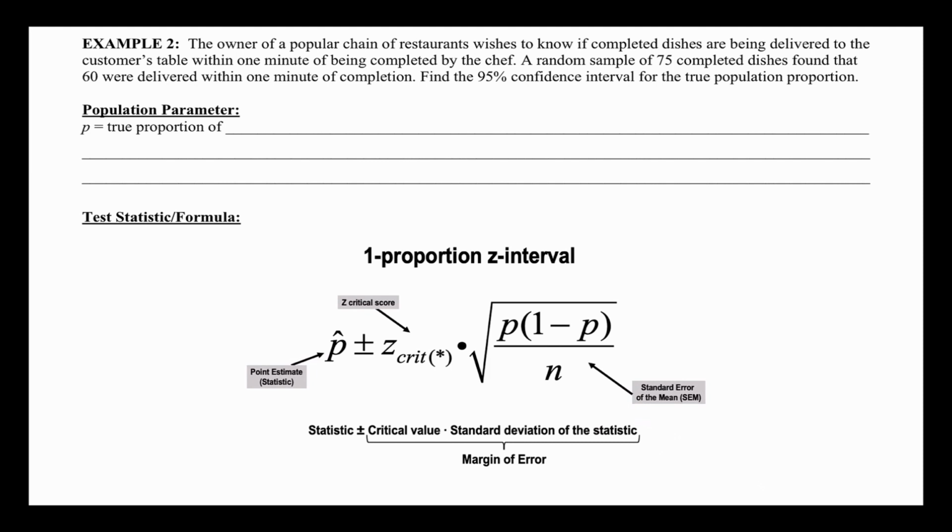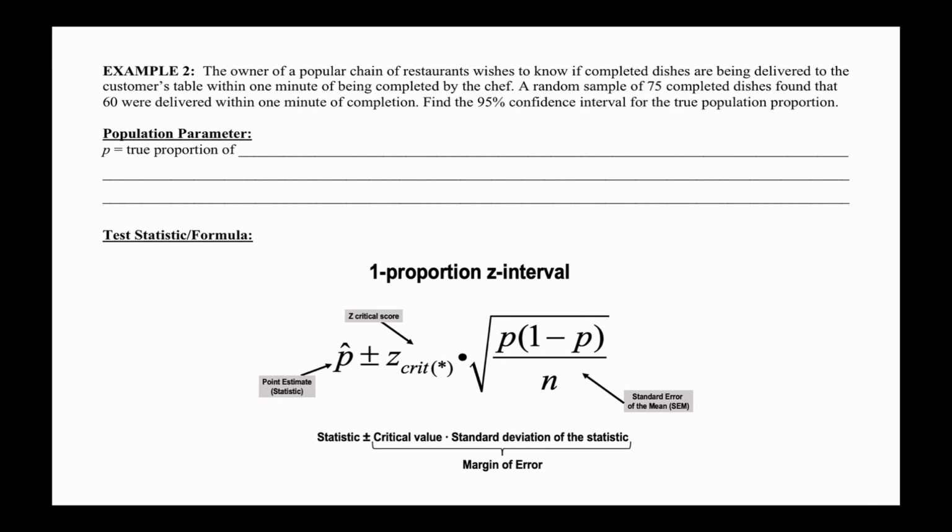Let's pick out the stuff that's important. First thing, what is going on? The owner of a restaurant wants to know how fast the food is getting from the chef to the person, right? Because there's nothing worse than going to a restaurant for hot food and you get the food and it's cold. That makes the restaurant look bad.